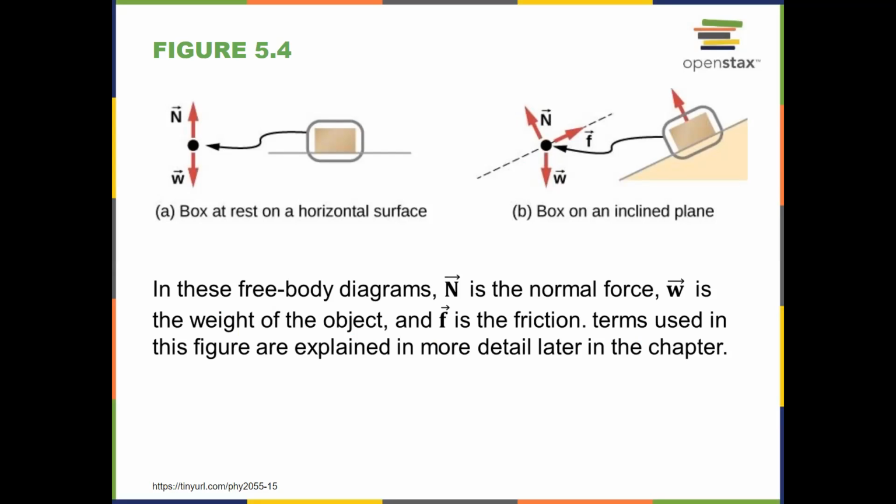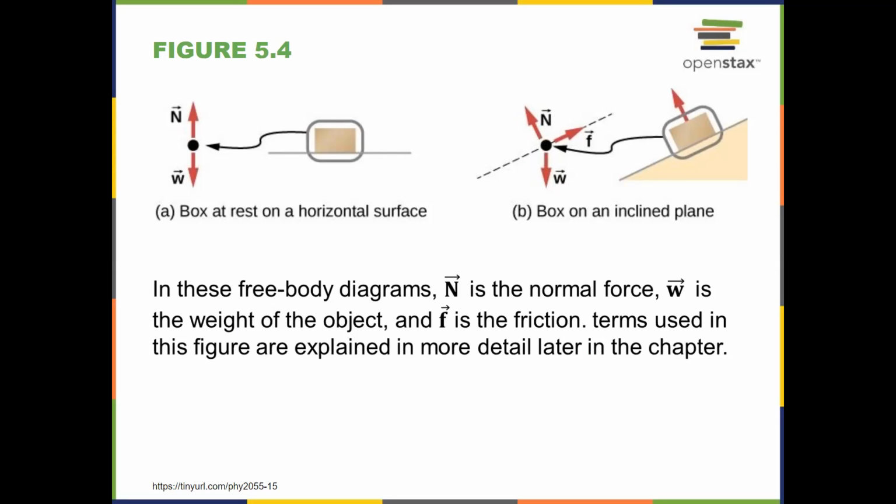And then because this box is resting on the surface, the surface is supporting it, okay? That force we usually call the normal force, and we use the symbol N. We'll talk about that later as well, but for right now, just know that it's a force, okay, N. So in this scenario, you have two forces on this object, and this is your free body diagram.